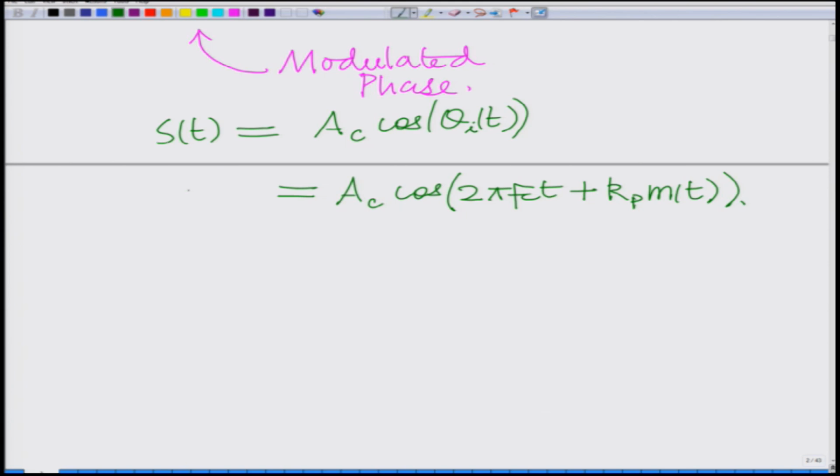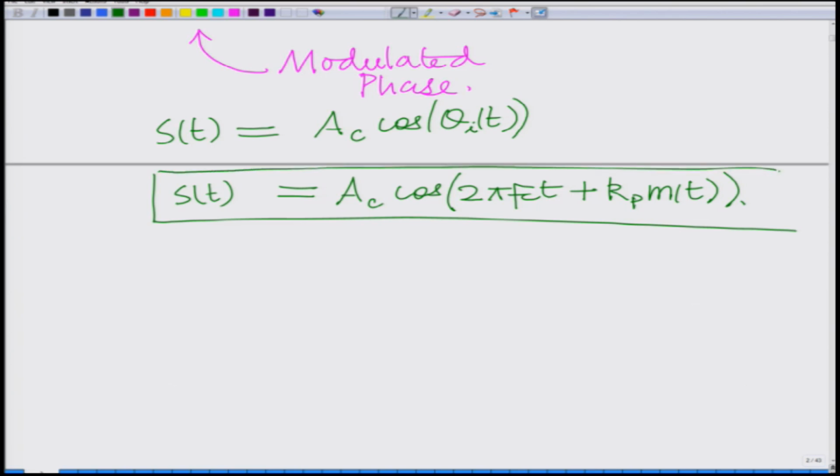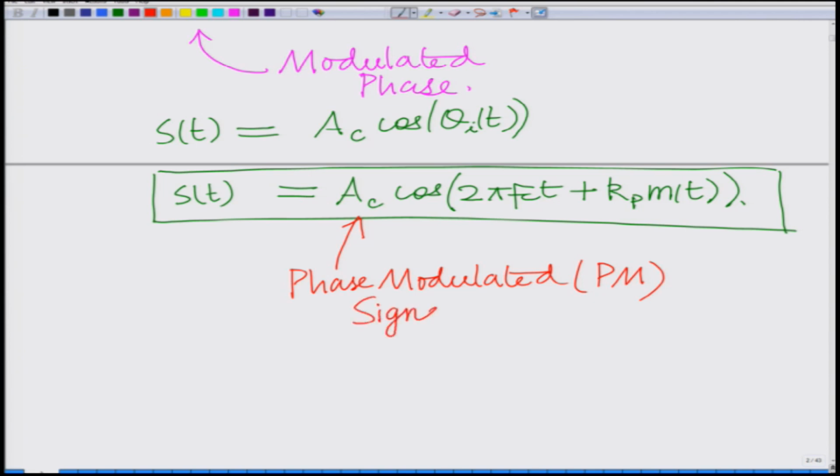This is a phase modulated signal, where the phase of the signal is modulated by the message signal m(t).